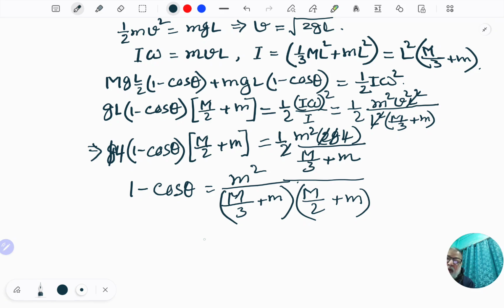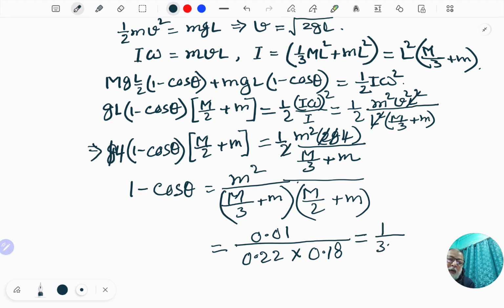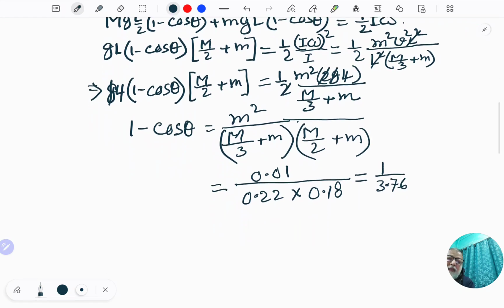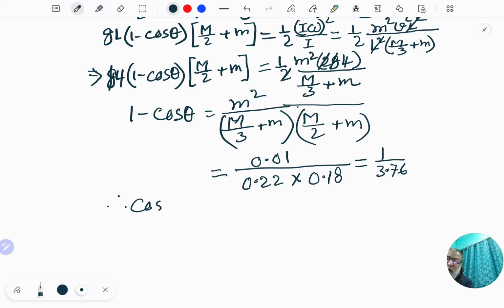And now I can put the numerical values. I write m square, which is 0.01, and then the first bracketed quantity you can check, it will be 0.22 into the second bracketed quantity is 0.18, and that makes it 1 by 3.76, and hence cos theta, which is 1 minus 1 by 3.76, is 2.76 by 3.76.